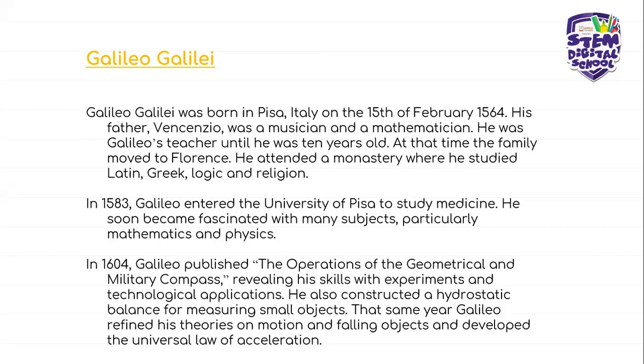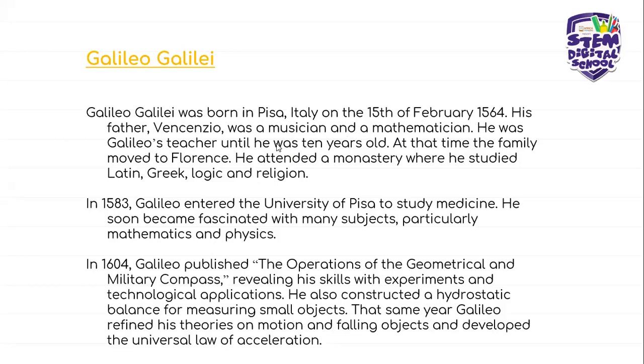Thank you so much. Okay, so let's evaluate that paragraph. So what it said basically was Galileo, it's telling you where he was born. So it's giving you a setting. Then it's telling you the time of the year that he was born. And then it told you what his father did. He was a musician and a mathematician.